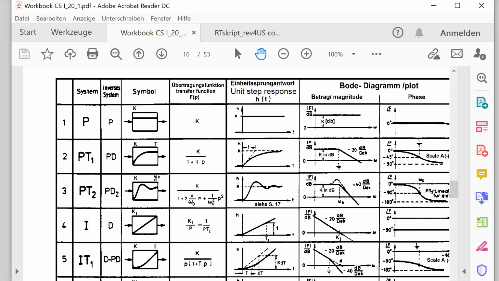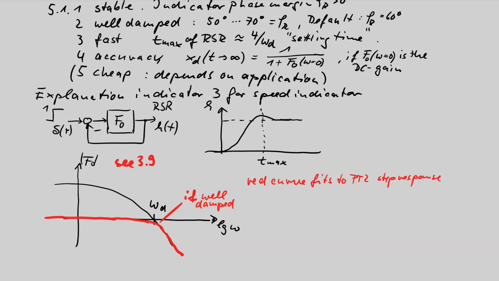So this can be used to say, okay, corner frequency omega naught is exactly at that position where we have defined our crossover frequency. So this is a good estimation for the crossover frequency.